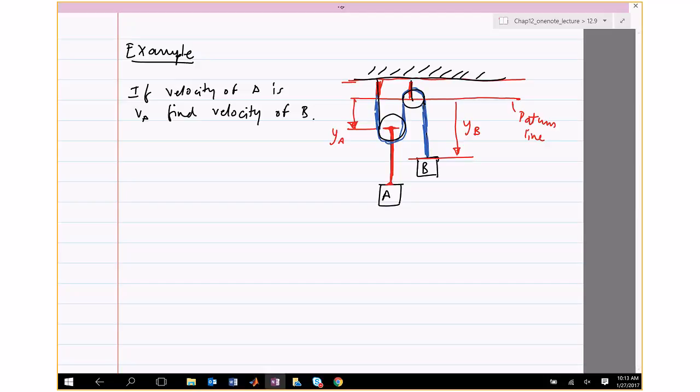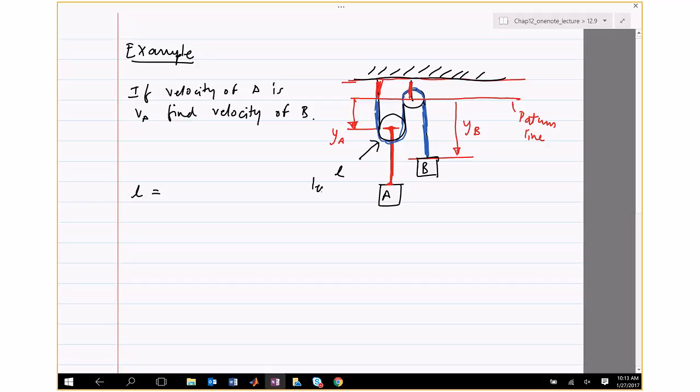So just like the previous problem, I tried to express the length of the cable in terms of XA and XB. Similarly, I'm going to try to express the length of cable. So L is the length of cable or string. So that is given by this part, YA.